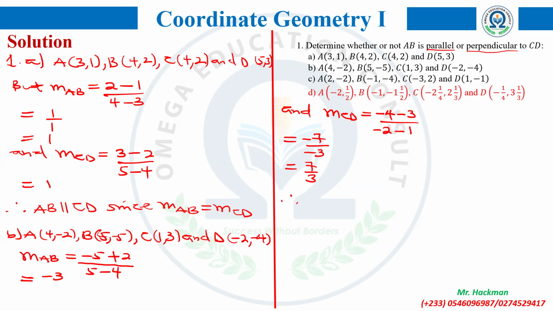So therefore, it's not the gradient that is parallel. Take notes. It's rather the line. Therefore it's the lines. So let's pick the lines. Therefore, my line AB, parallel is this symbol.